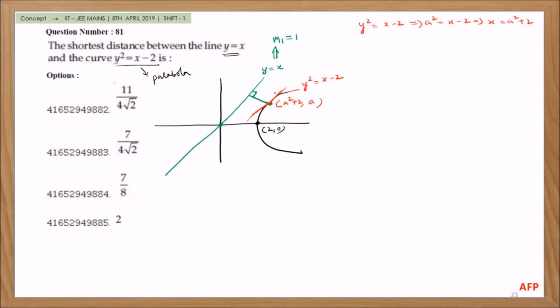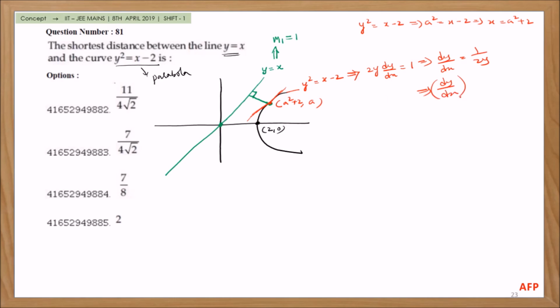Okay, so the tangent at this point has an equal slope. To find the tangent at the point, we will differentiate this curve with respect to x. So 2y dy by dx equals 1. This implies dy by dx equals 1 divided by 2y. So at this point, what is the tangent slope?